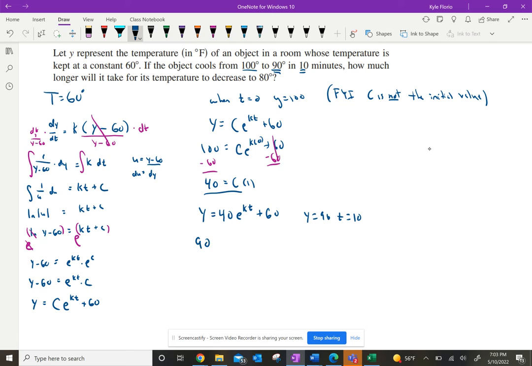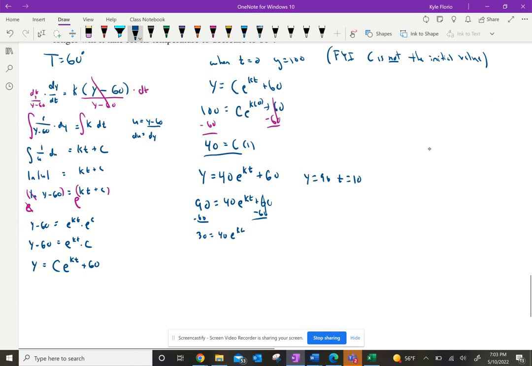We're going to get 90 equals 40 e to the kt plus 60. Subtract the 60 on both sides. 30 equals 40 e to the kt. Divide both sides by 40, you're going to get 3/4 equals e to the kt.